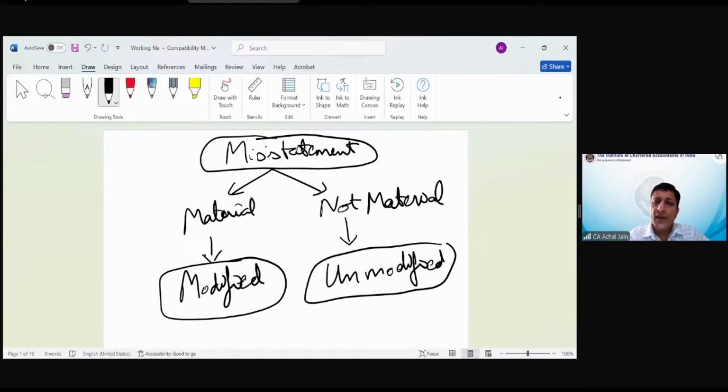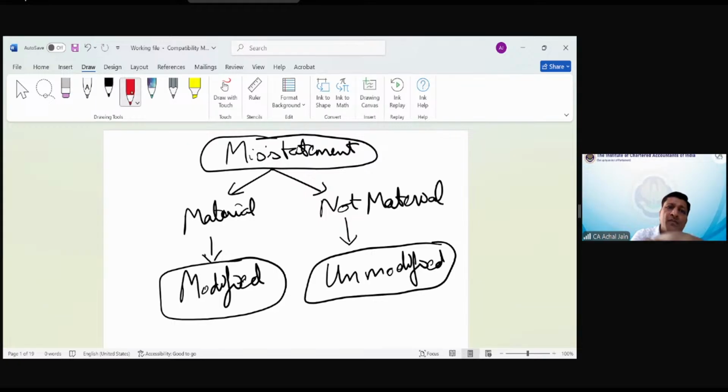Now, what is unmodified? The one that we looked at in the previous session. Whenever the opinion is unmodified, in such a case, the wording unmodified is not used. If the report is silent in terms of this opinion, if the report only says opinion or basis for opinion, what would it imply?